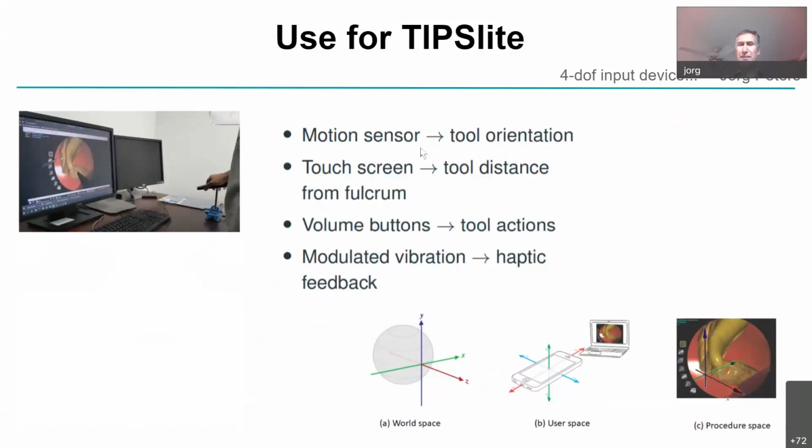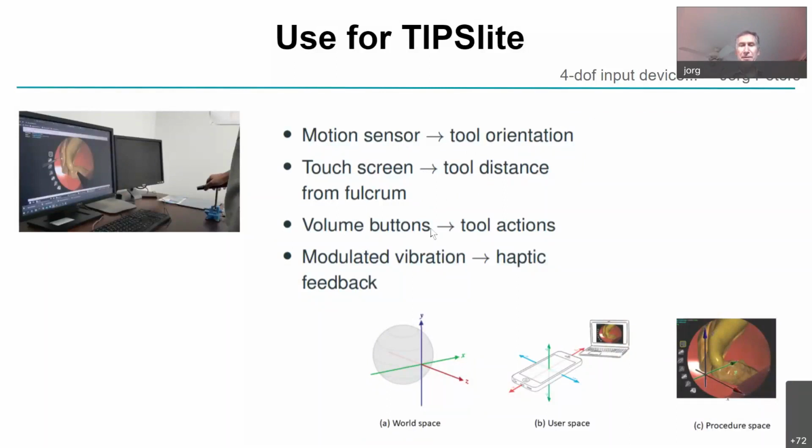In fact, I used my Android phone to start the whole thing off. We used the motion sensor for tool orientation, the touch screen for in and out motion. That gives us the 3 rotational and the one extra degree of freedom that we need for moving the tool in and out.